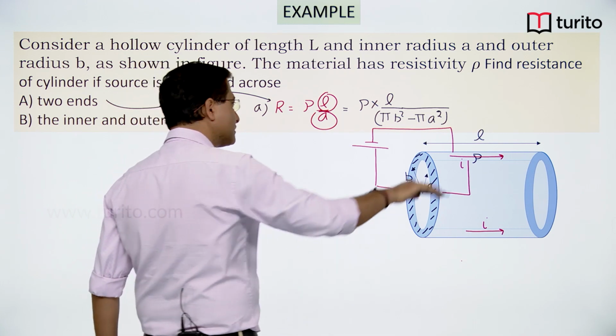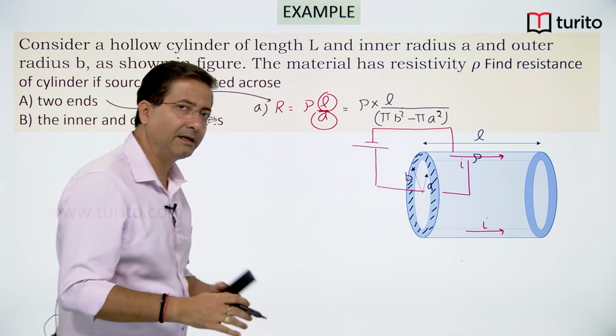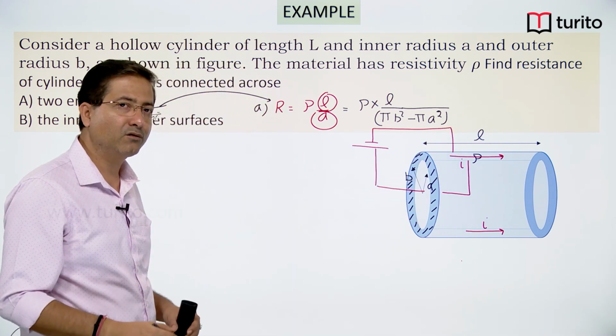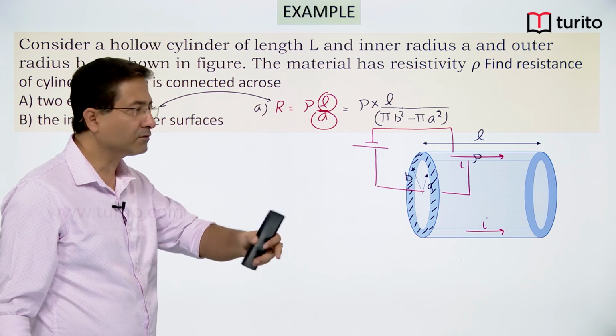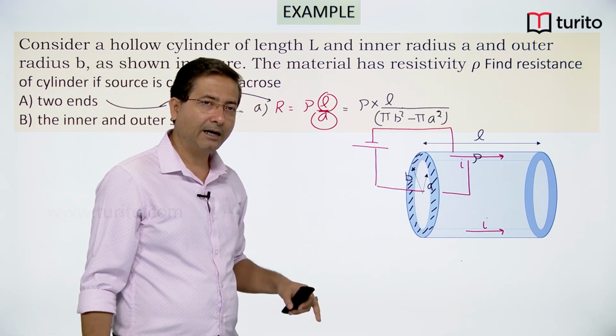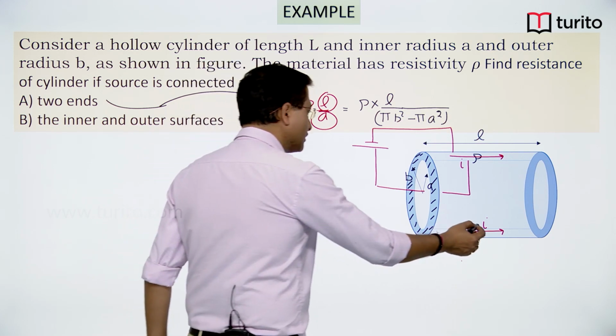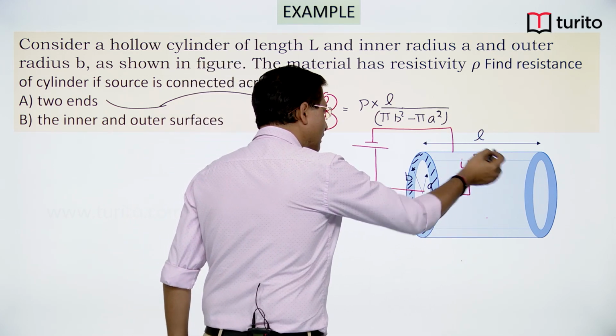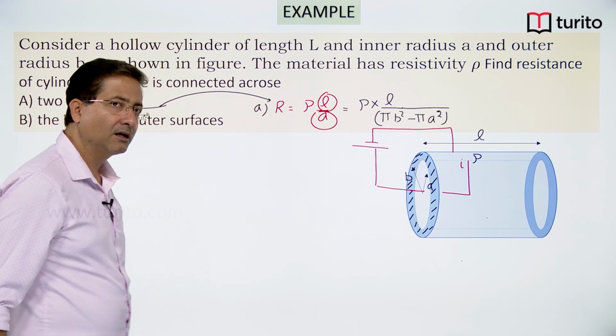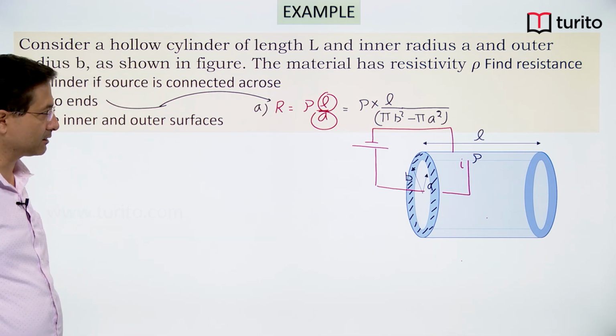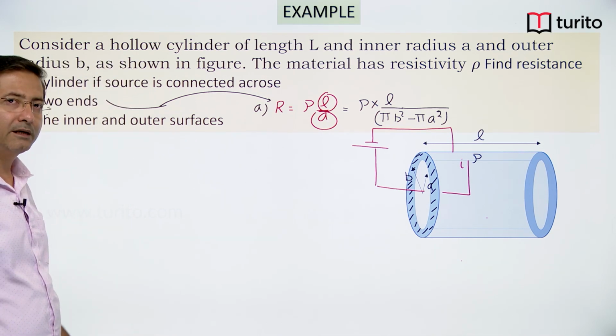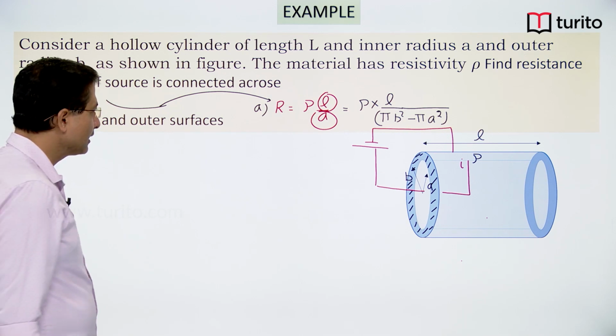So now as there is a potential difference between inner and outer surface, current will flow from inner surface to outer surface because inner one is maintained at higher potential. So instead of current flowing this way or moving along the axis, now current will be perpendicular to the axis, okay, from inner surface to outer surface.